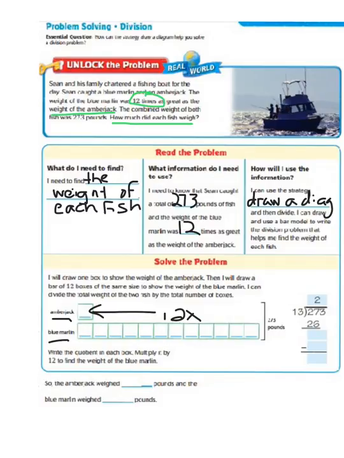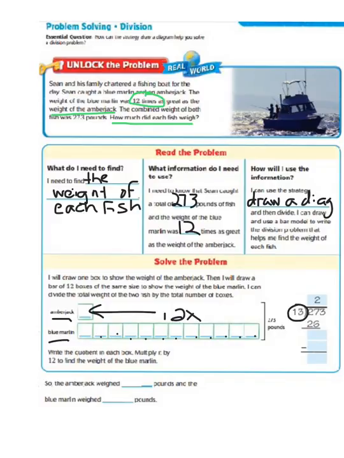I can divide the total weight of the two fish by the total number of boxes. So we've got 1, 2, 3, 4, 5, 6, 7, 8, 9, 10, 11, 12, 13 total boxes. So our divisor becomes the total number of boxes, and our dividend becomes the total weight of both fish combined. So we've got 273 divided by 13.